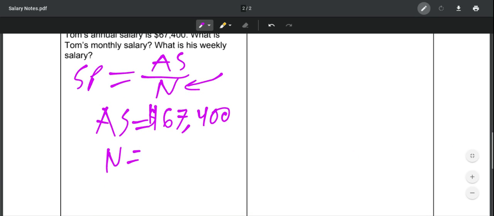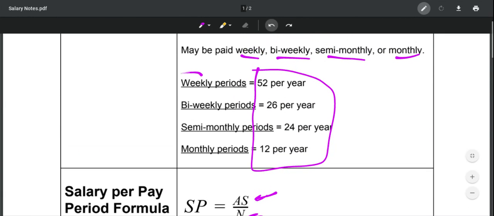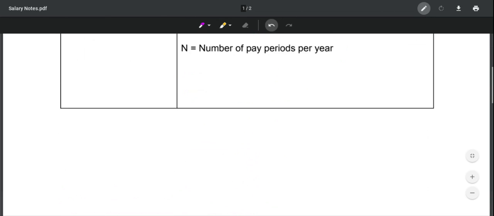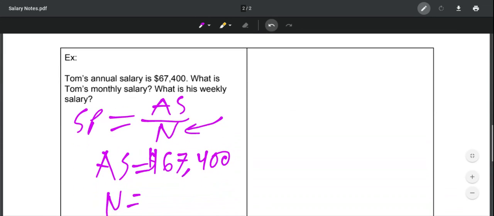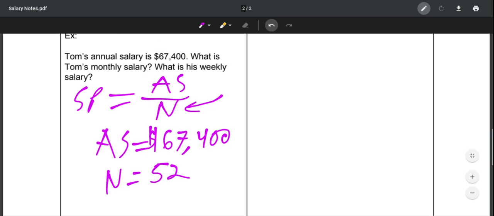The only difference is that this N changes. Going back up here, if he gets paid weekly, there are 52 pay periods in a year. So this is going to change to 52, and then we'll set it up the exact same way.